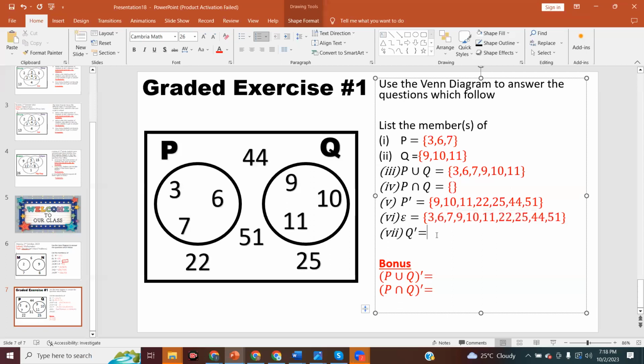And then Q complement is going to be what? It's going to be 3, 6, 7, 22, 25, 44, 51. So everything except for Q. Very good.